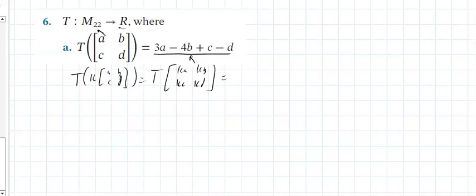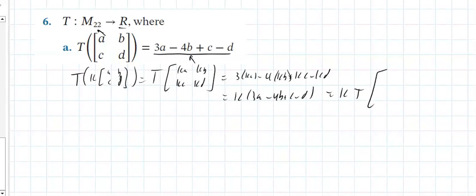And based on this transformation, that's going to be 3 times Ka minus 4 times Kb plus Kc minus Kd. Well, can't I say that's K into 3a minus 4b plus c minus d, which is K applied on the transformation of a, b, c, d.